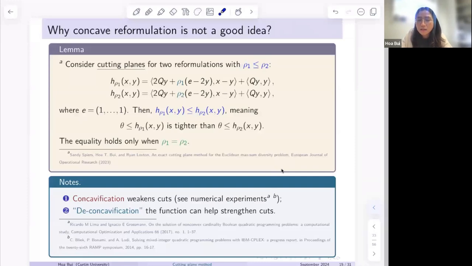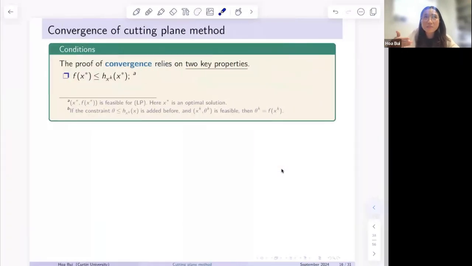So we started with how to convexify the problem, and now we conclude that maybe we even make the problem not convex. Then what is the sweet spot in the middle? In other words, what is the condition that makes the cutting plane converge in the non-convex setting? We need a condition weaker than convexity to guarantee the convergence of the cutting plane methods.